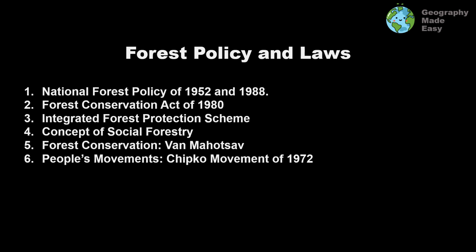So we have the first forest policy of 1952, just made post independence, which was later modified in 1988. This forest policy actually dates back to 1894, which was made by the British government.